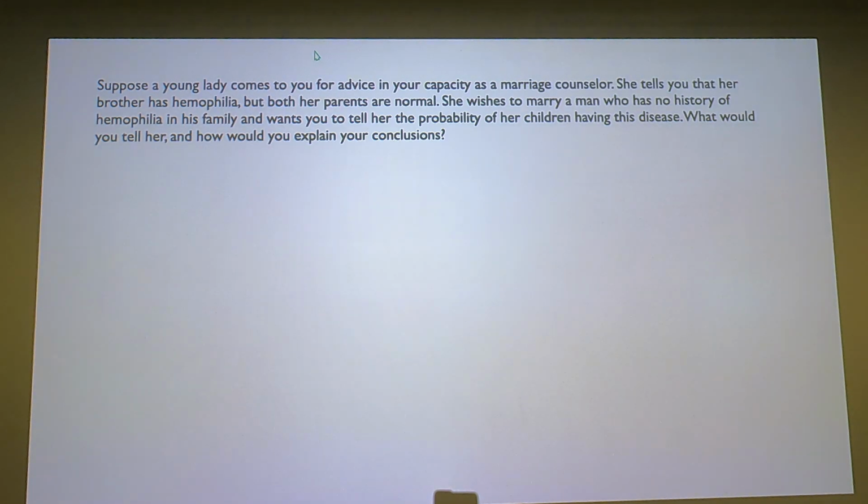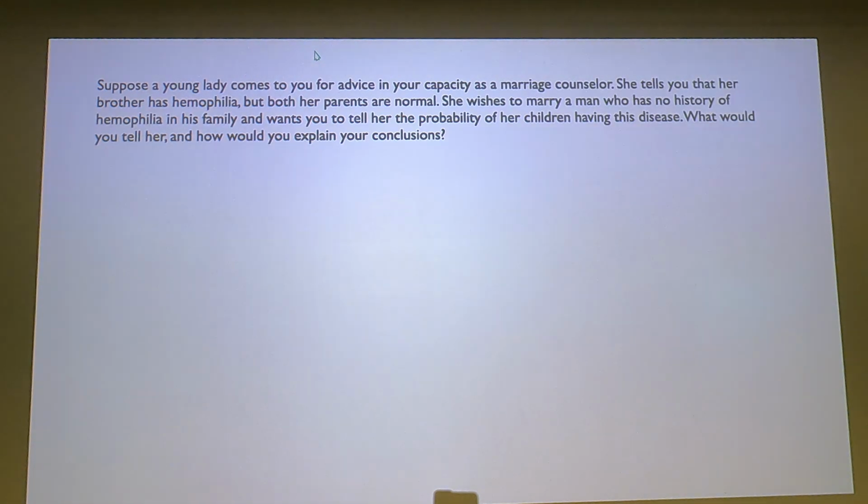Yes? Would she herself have a 50% chance of being a carrier? Yes, so there's a 50% chance she is a carrier. But that means there's a 50% chance she doesn't have the hemophilia allele at all, right? If that is the case, then you would just pat her on the hand and say, don't worry, you're not going to have any hemophiliac children, right?